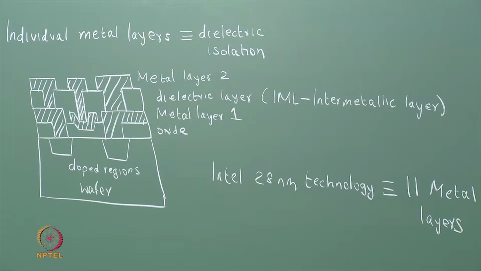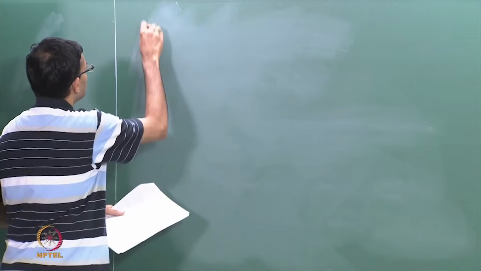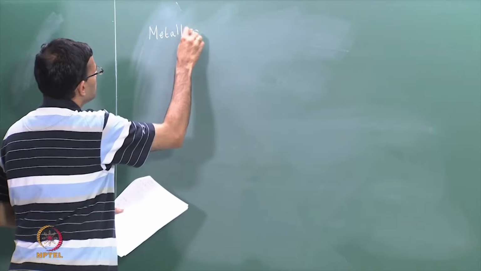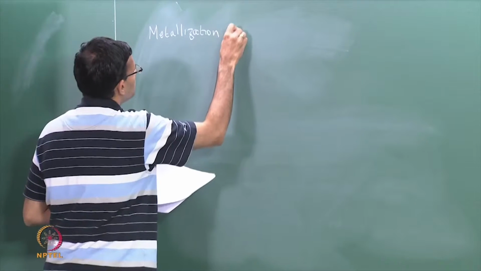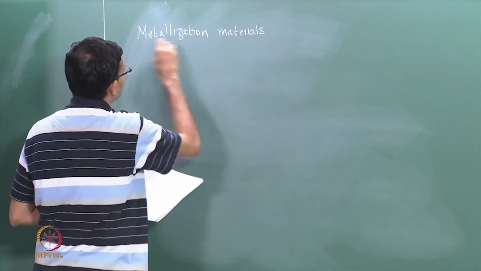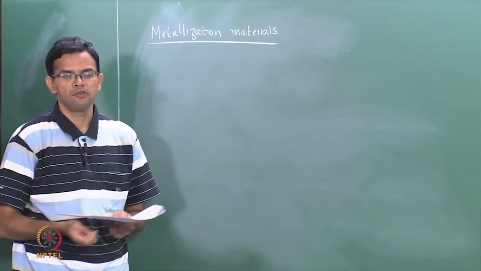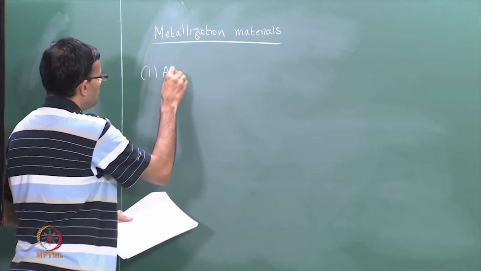So what are some of the metallization materials that have been used? So the original material that was used for forming the metal layers was aluminum.